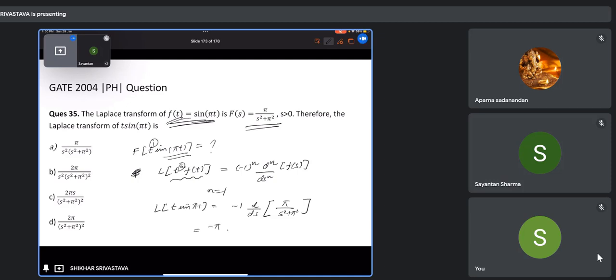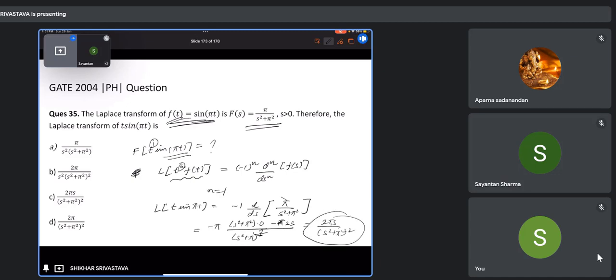When you differentiate this, sorry, using the division rule, you get s square plus pi square, minus pi times 2s. Sorry, pi is already taken out, so minus 2s. So it will become 2 pi s upon (s square plus pi square) whole square.